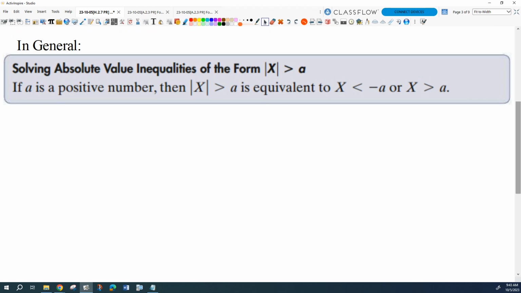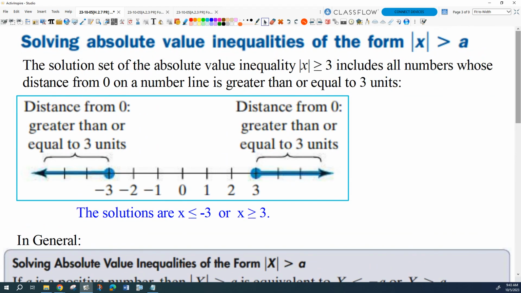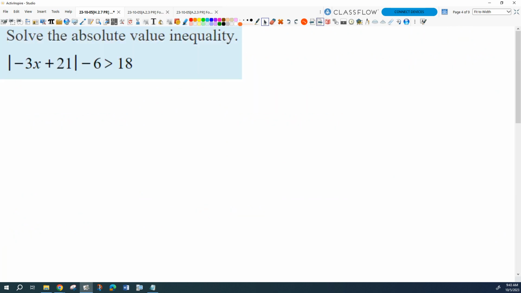So the pattern is whatever's inside the isolated absolute value is either going to be greater than the positive number or less than the negative number, right? It's got to be to the left of the negative endpoint or to the right of the positive endpoint. Okay? So let's try an example. What about something like that?